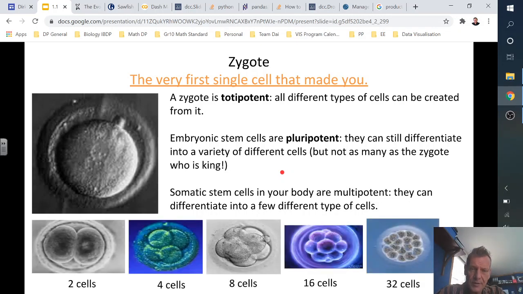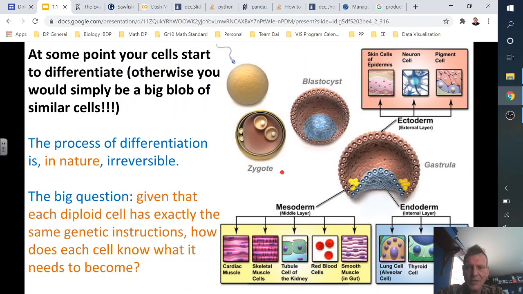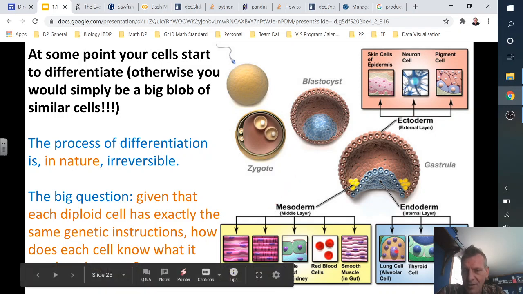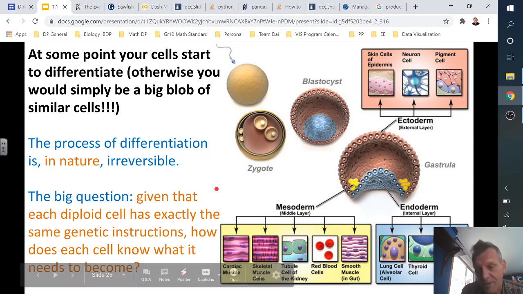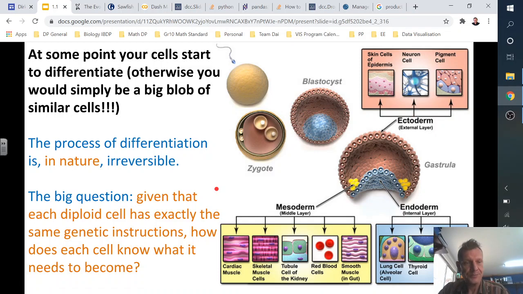Now, this is a simple exponential growth that you see: 2, 4, 8, 16, 32 cells. And as you grow, this is a typical development here, those cells will start to differentiate until they become specialized at this stage here, when they are actually lung cells, thyroid cells, that is in your thyroid gland, and your pancreas, etc. They have so many different functions and structures that we call them specialized.